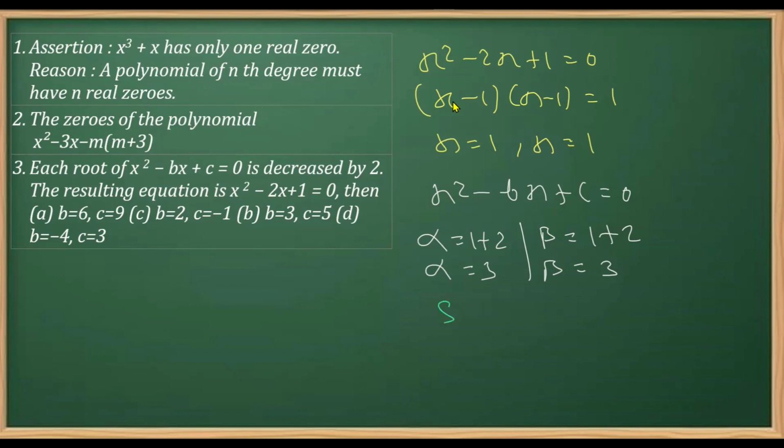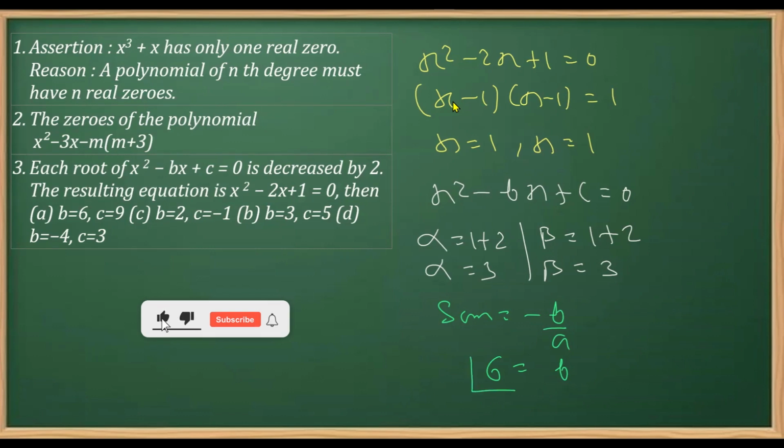We know the sum of the zeros is alpha plus beta, which is equal to minus b over a. That's the standard formula. So sum is 3 plus 3, that is 6, equal to minus of minus b, positive b over a, where a is the coefficient of x square. So b divided by a is b only. So we got b as 6.